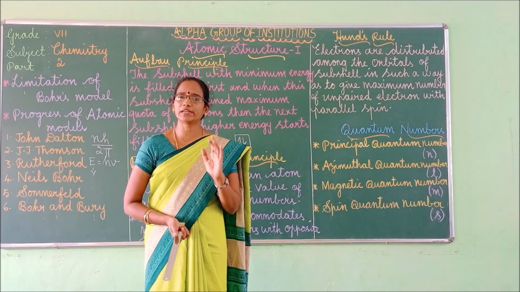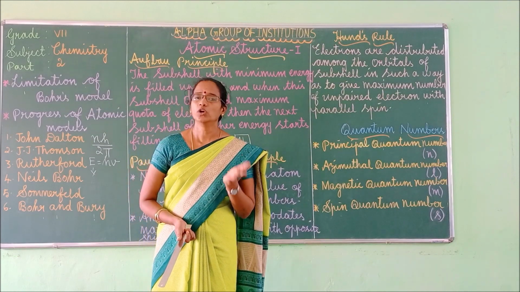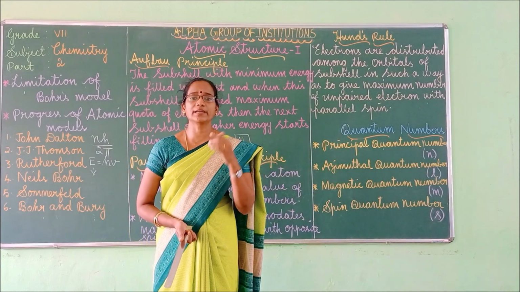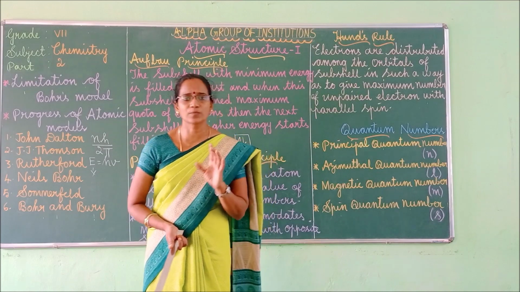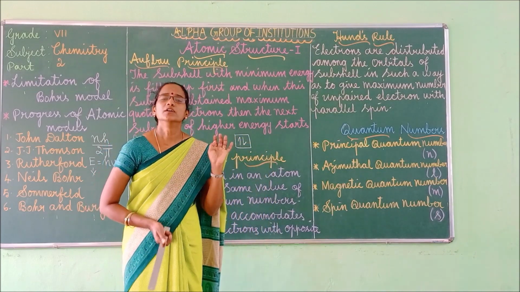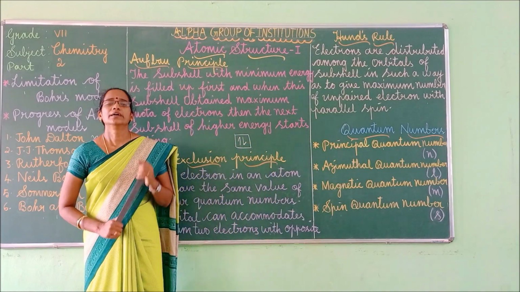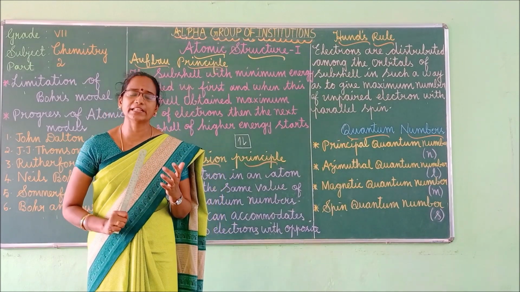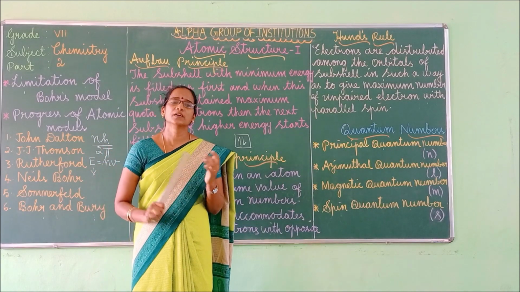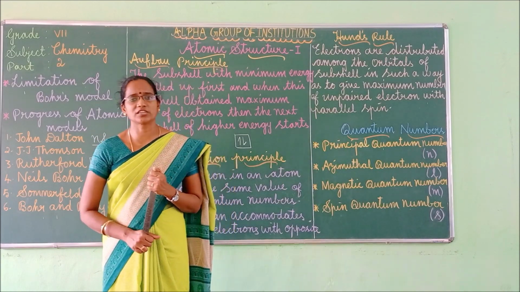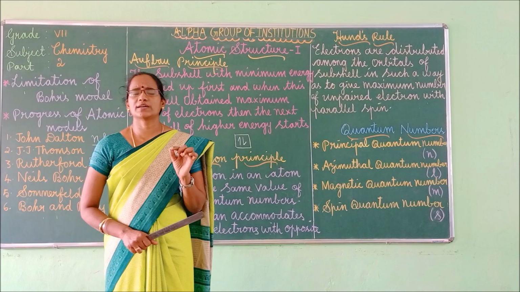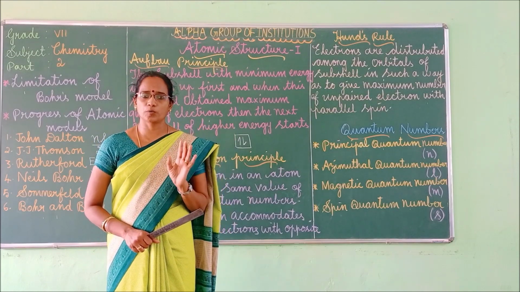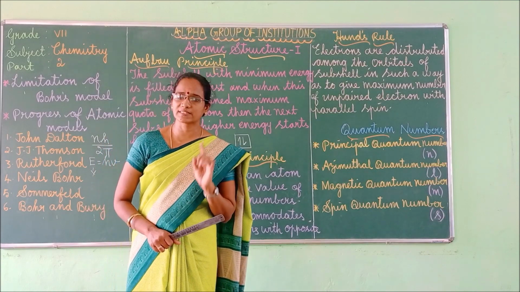Multi-electron atom, already I told you: atoms which contain more than 1 electron are known as multi-electron atoms. So Hund's rule states that in case of filling the orbitals with electrons in a multi-electron atom, every orbital must be singly occupied before the double occupancy starts. Okay, this is Hund's rule.